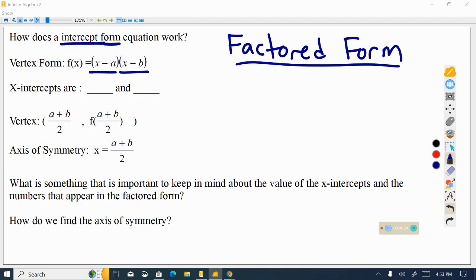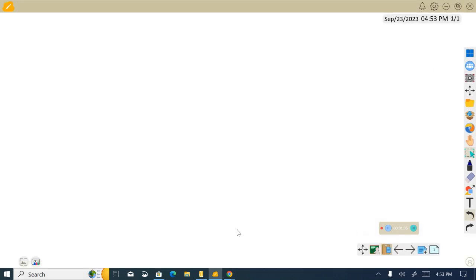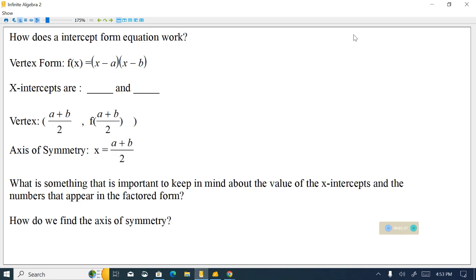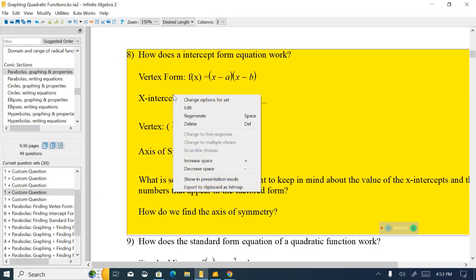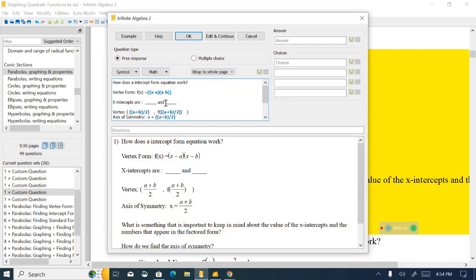So I noticed right here when I made this, I'm going to go edit that right now, is that it says vertex form, and that's incorrect. So I better go in there and make sure that you guys do not treat that the same as vertex form, because it's different. And so that actually shows me that we get to have this valuable conversation right now about this, that this is not vertex form.